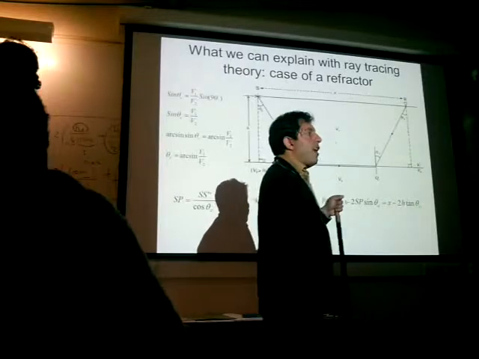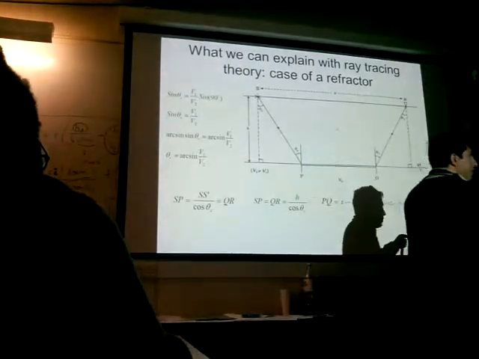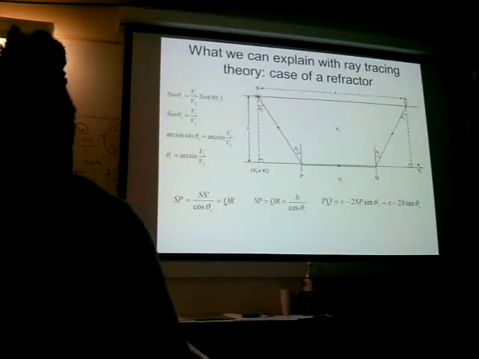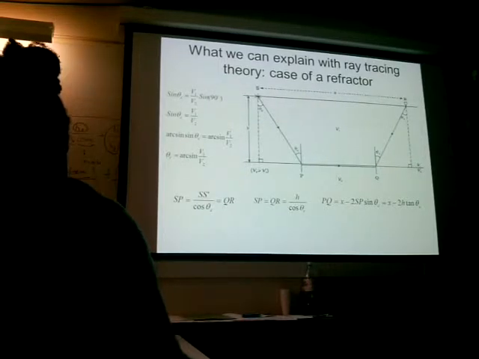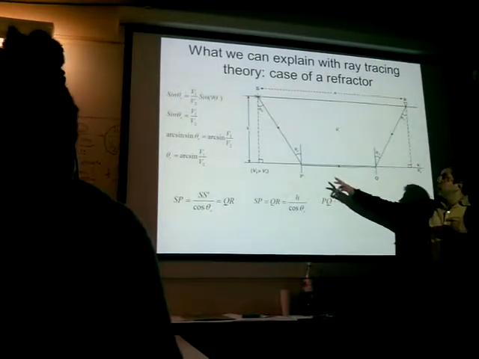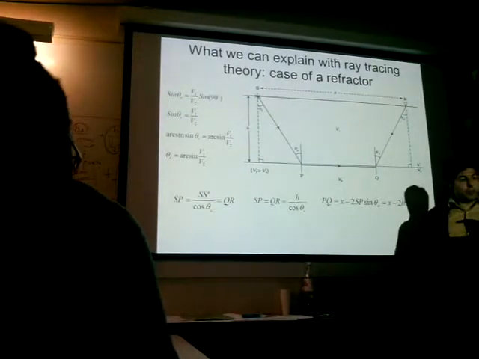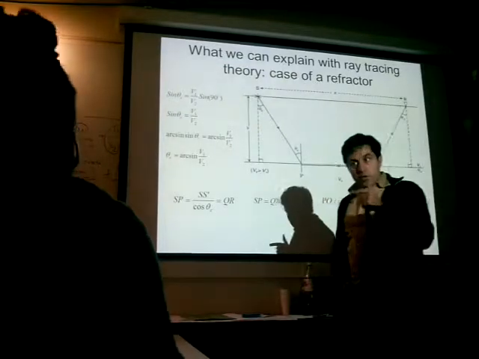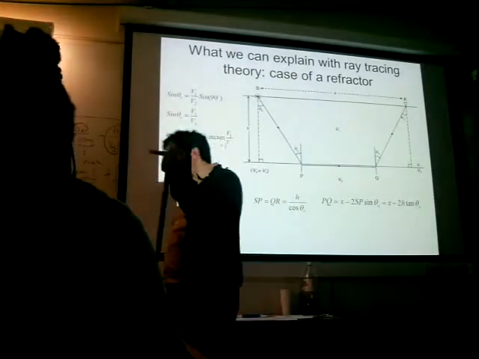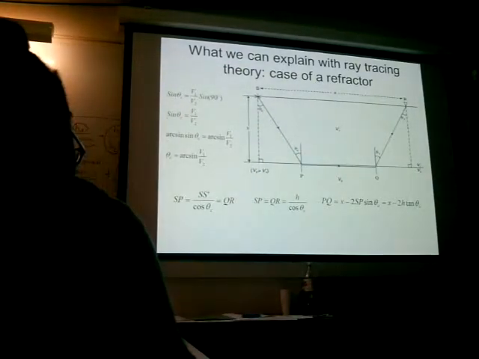To have a refracted wave, you need V1 lower than V2, and V2 is the layer through which the refracted wave is going to propagate. So Snell's law is telling you that the refracted wave, if it is produced, propagates along the higher velocity layer.